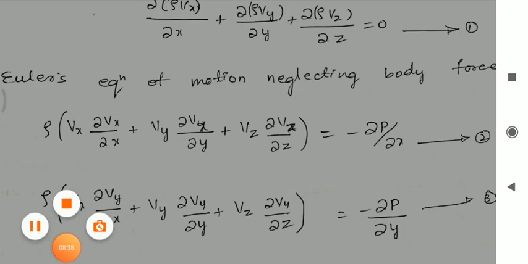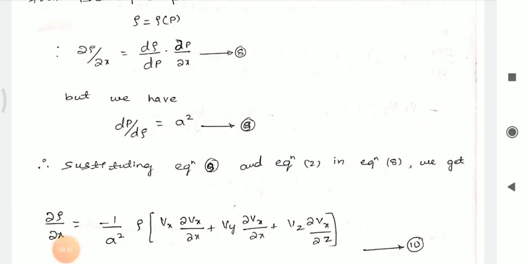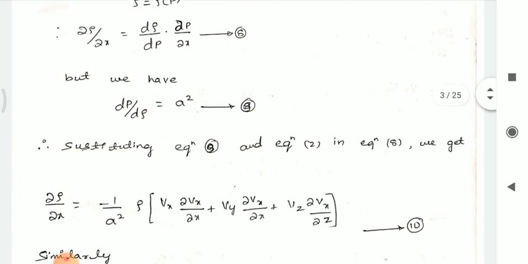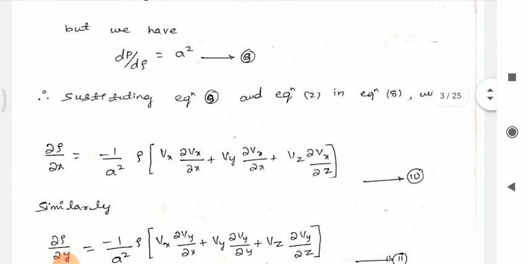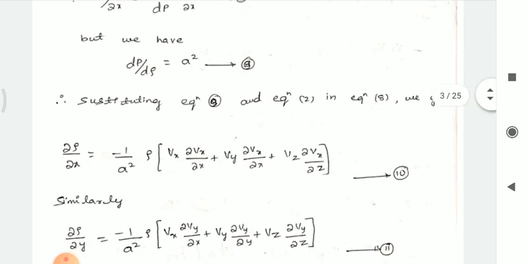So if we put this relation with a square, and equation 2 for minus dou p by dou x, into equation 8, this is what we will get. Dou rho by dou x equals minus 1 by a square into rho into Vx into dou Vx by dou x plus Vy into dou Vx by dou y plus Vz into dou Vx by dou z. Let us take this as equation 8.